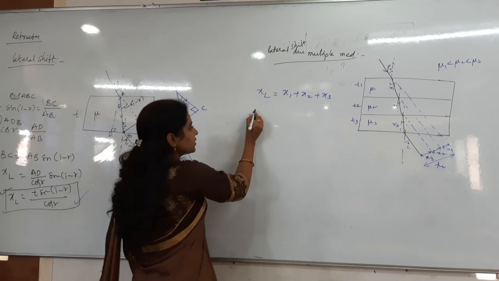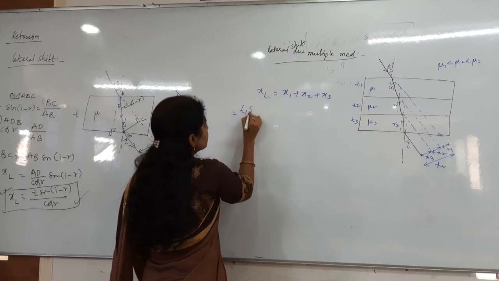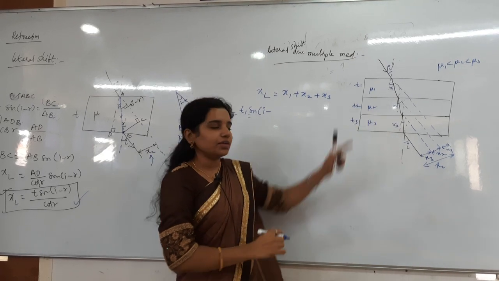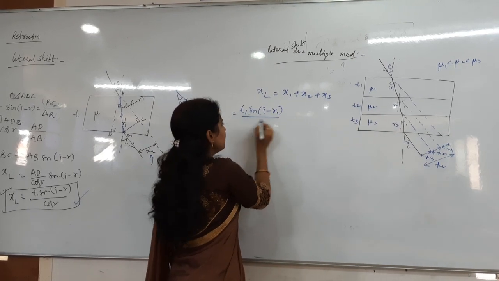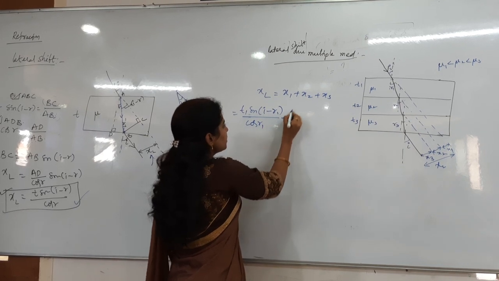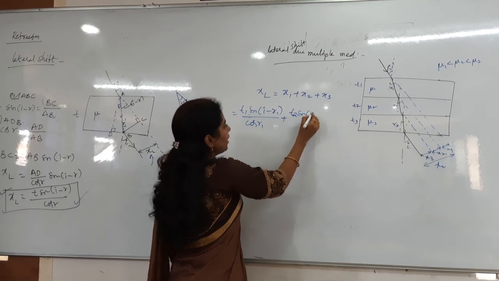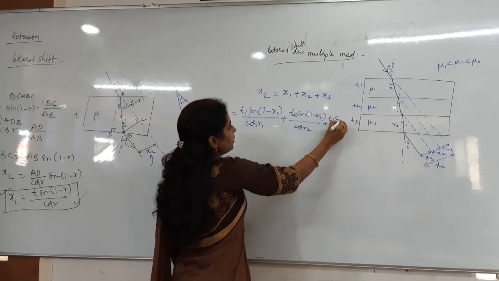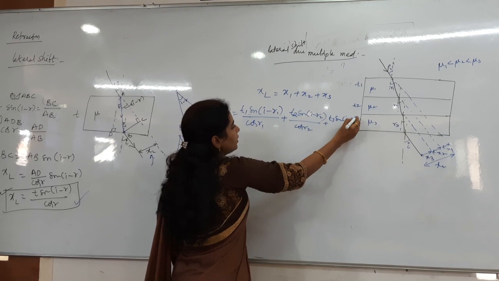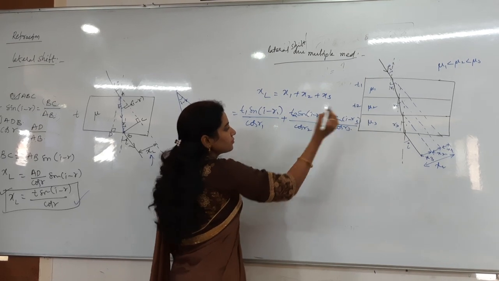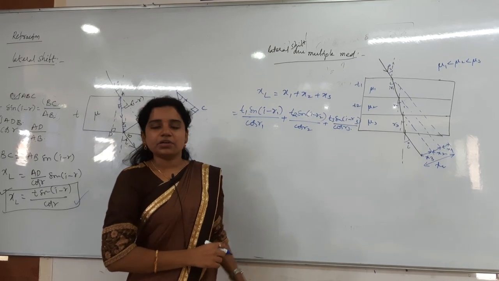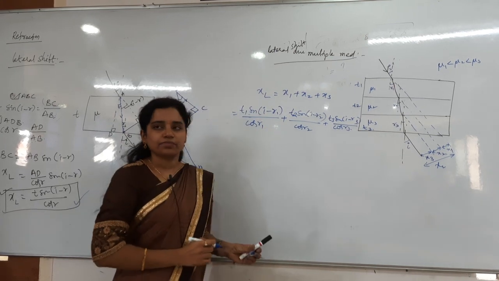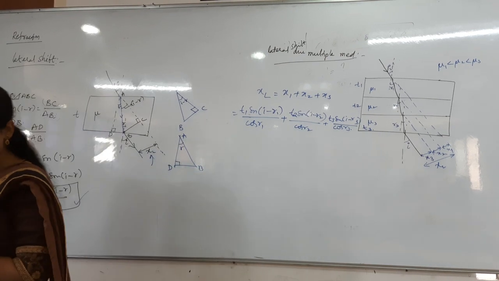So the thickness of the first slab is T1, sin of I minus, first refraction angle is R1, so sin(I minus R1) by cos R1, plus second one is T2 sin(I minus R2) by cos R2, plus T3 into sin(I minus R3) by cos R3. Clear? Multiple slabs, otherwise multiple denser mediums. Copy that.